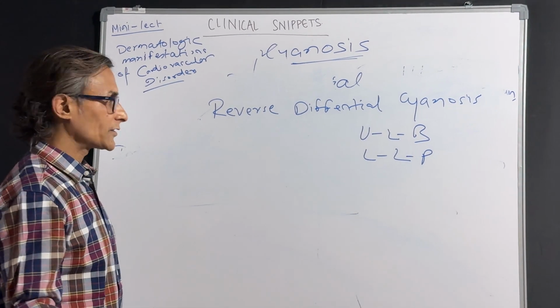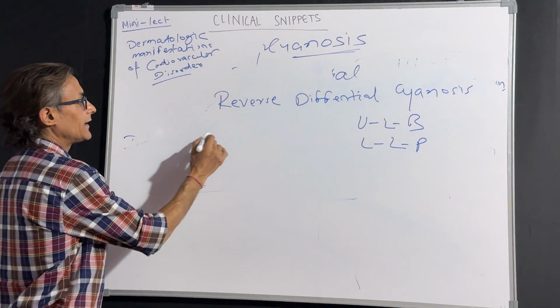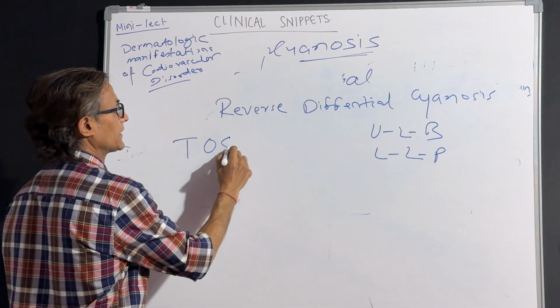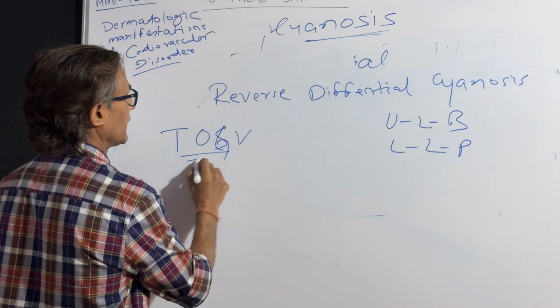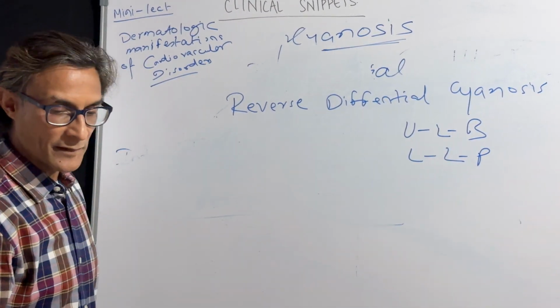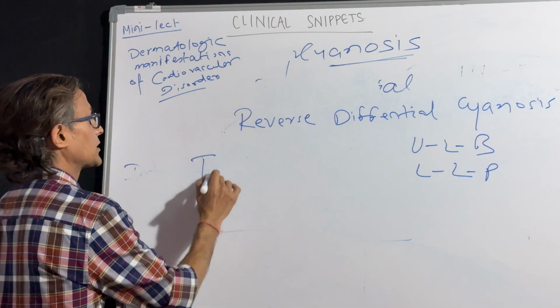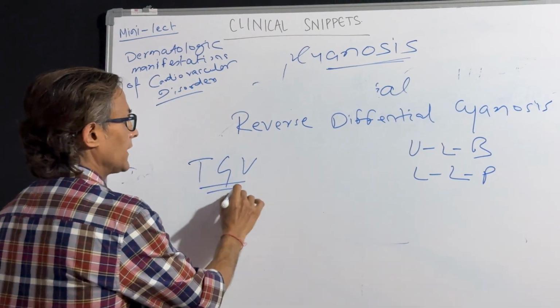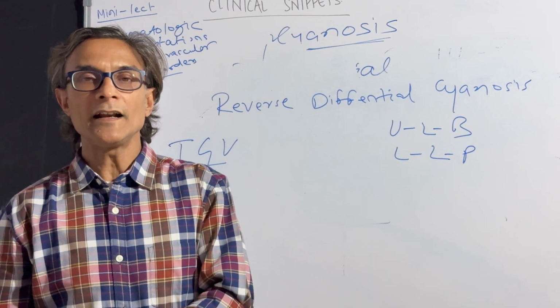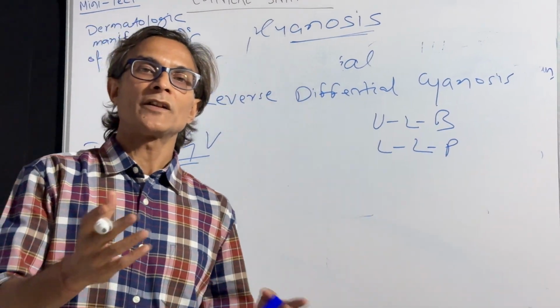A little bit complex. We will add transposition of great vessels. We know that transposition of great vessels means the pulmonary trunk is arising from the left ventricle and the aorta is arising from the right ventricle.